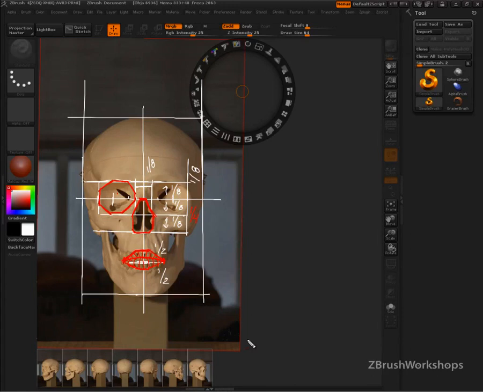So at this point, we've had 1/8 of a head, and we've had 1/2 a head units. And everything is kind of fit within that range really, really well. So this is going to be really important when we come in and we start to sculpt the base mesh, because we're going to want to keep all of these units of measurement in our mind.